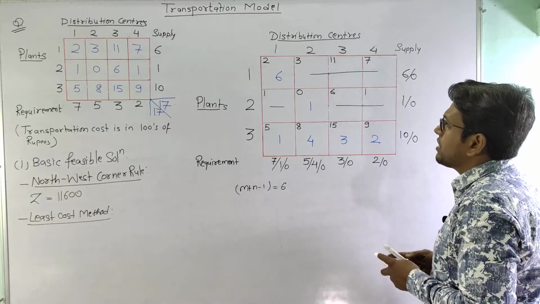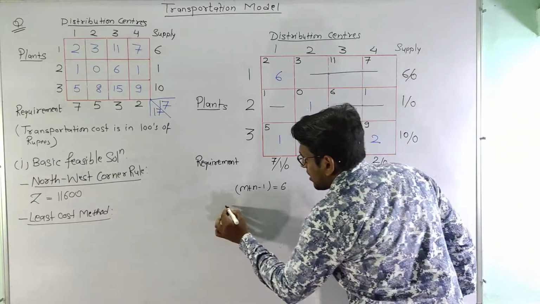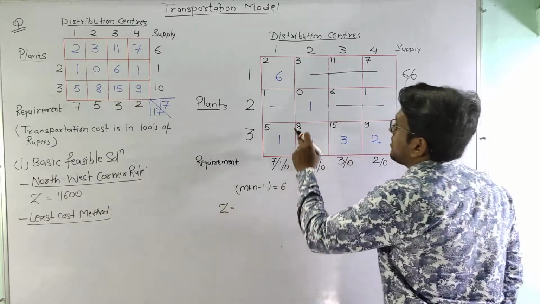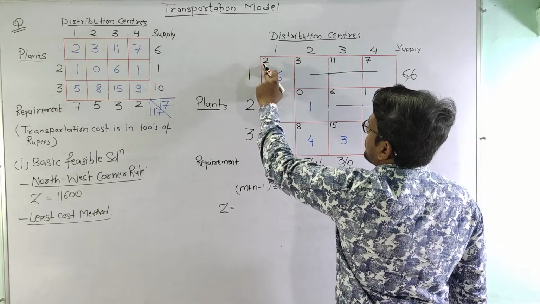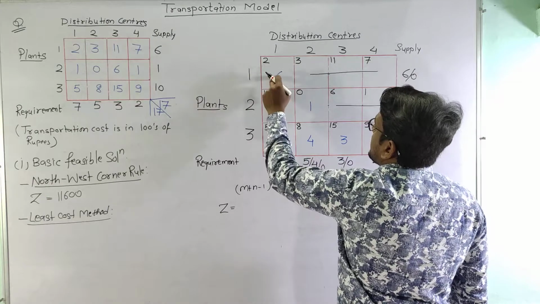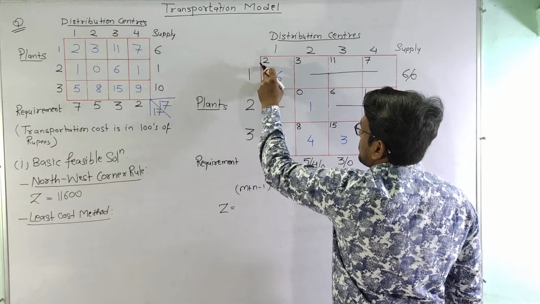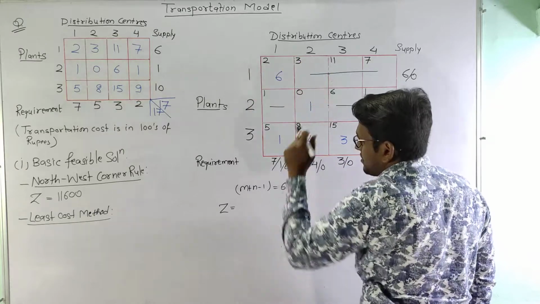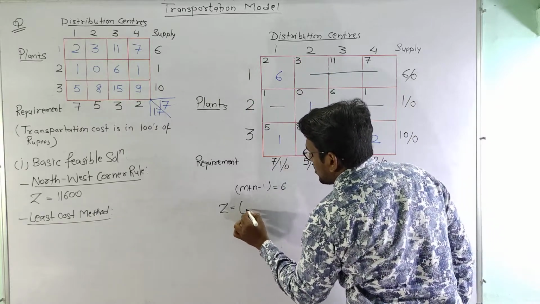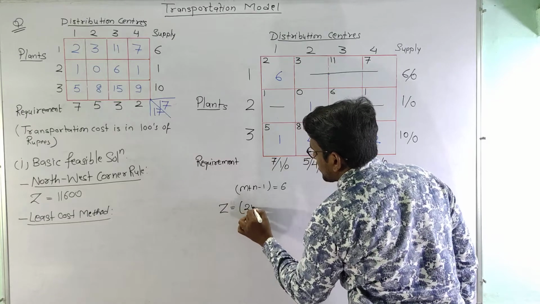Now to calculate the value of z, 2 is the unit transportation cost, and 2 multiplied by 6 is the total transportation cost from plant 1 to distribution center 1. So this will be 2 into 6.